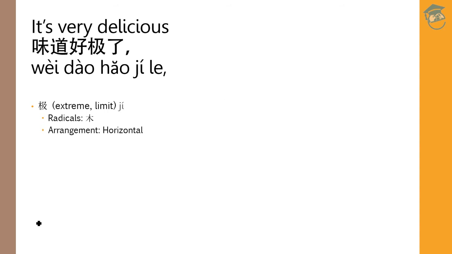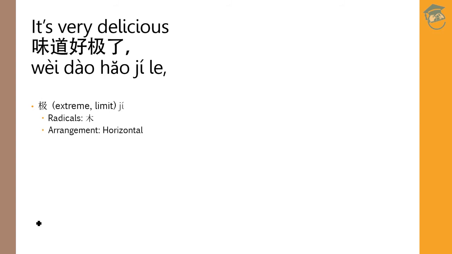Okay, to say 味道好极了, it is to say the taste good extremely. Alright, in other words, you are saying that the taste is extremely good. Alright, so this is quite a common usage as well.